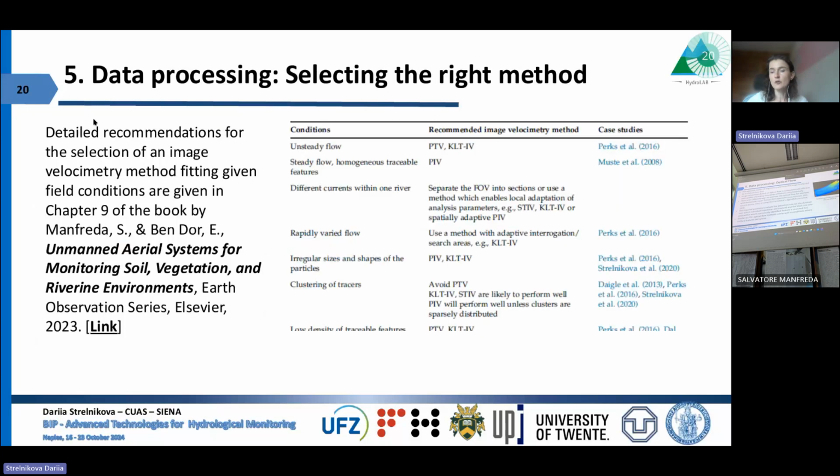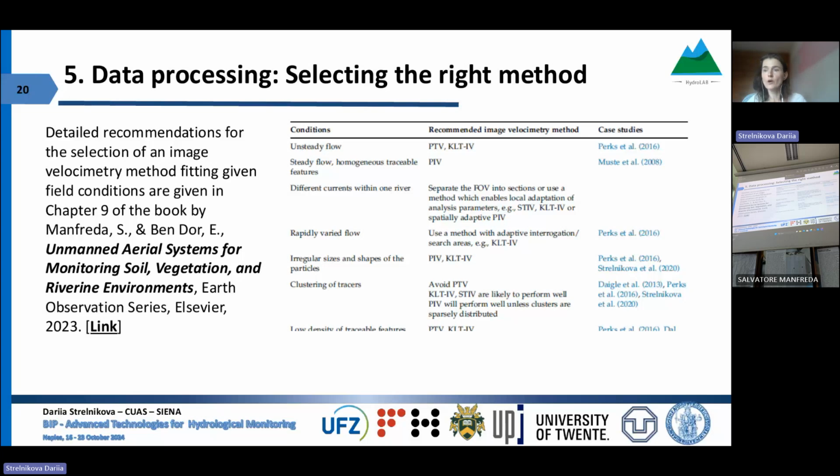How do we select the right one? So a couple of criteria I have already mentioned. The density of traceable features, for example, would be one of them. The clustering of tracers, for example, is a no-go for particle tracking velocimetry, because features have to be individual features with a defined shape and size.